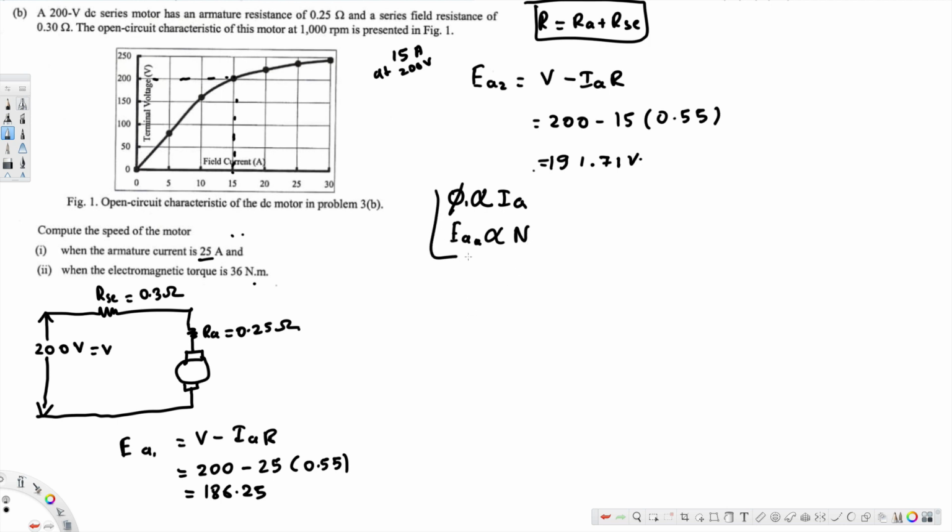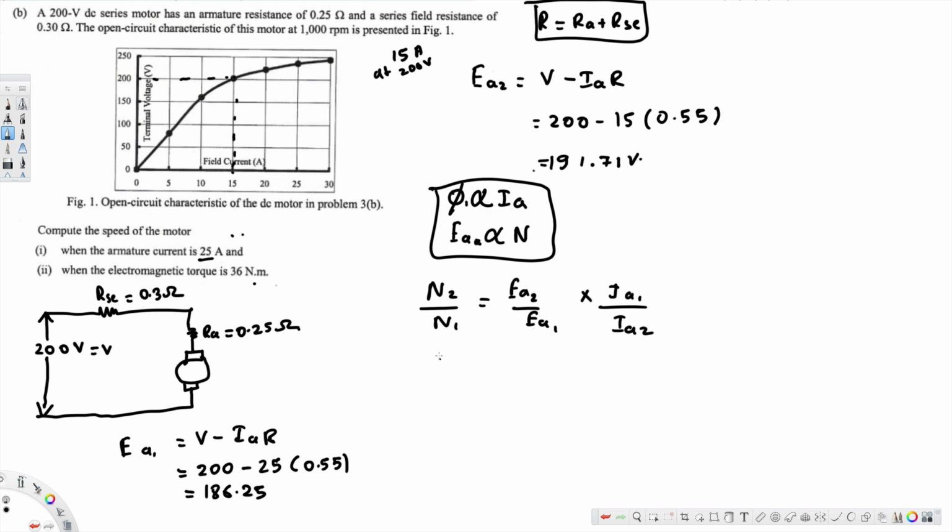These are the two things we have to know before we calculate the speed. So if we create the equation, N2 over N1 is equal to EA2 over EA1, multiplied by the flux ratio. Phi is directly proportional to IA, which means it's opposite: IA1 will be on top, IA2 will be at the bottom.